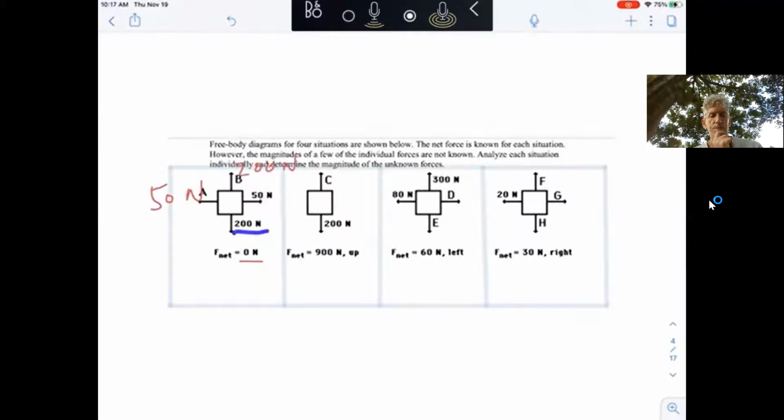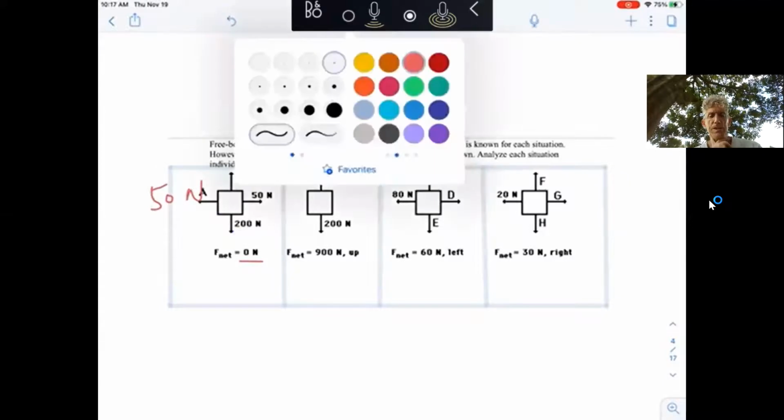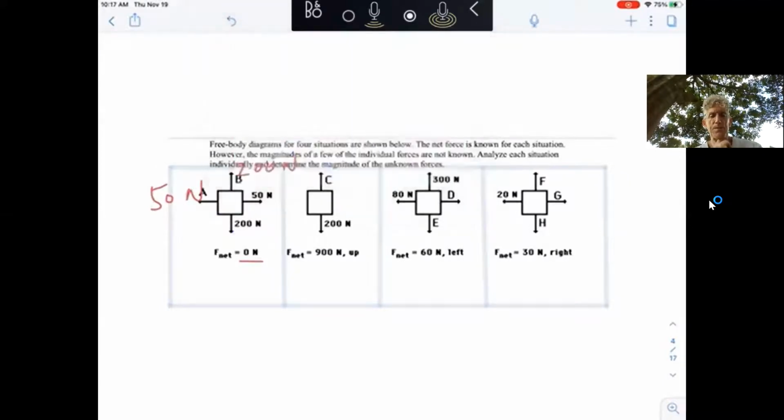Next one. F net is 900 newtons up. So C has to be bigger than the weight. The upward arrow has to be bigger than the weight because the net force is up. So that arrow I'm drawing is C. It has to be bigger. So if I were to write this, 900 F net equals C minus 200.